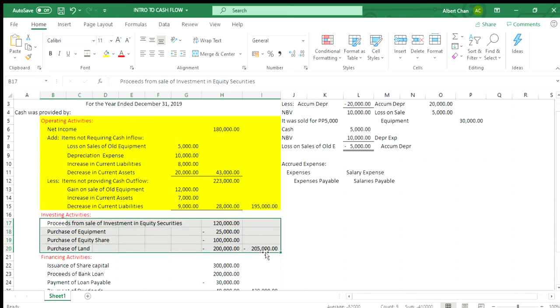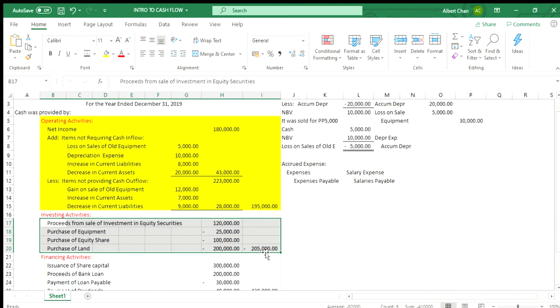Why? The investing activities are composed of purchase of property, plant, and equipment, and long-term investments. In short, these are all non-current accounts, no? There are two kinds of investment. One is income generating. For example, if you invest in equity securities, you receive cash dividends or any other form of dividend.